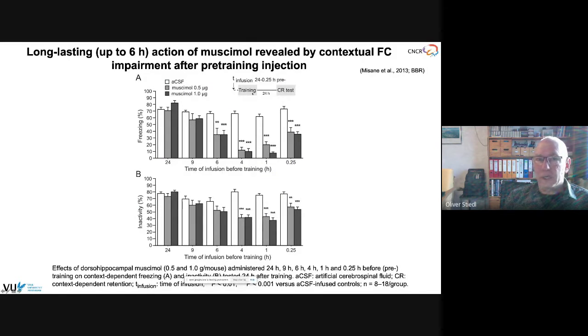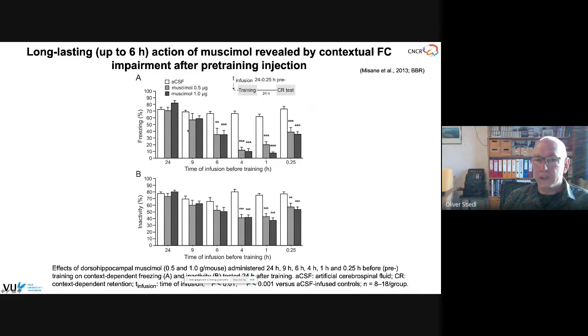I will show you some data from brain injections where we measured freezing and computerized inactivity as a consequence of dorsal hippocampal muscimol injection. This is a study with a colleague from 2013, and this is the reason why I show this to you.